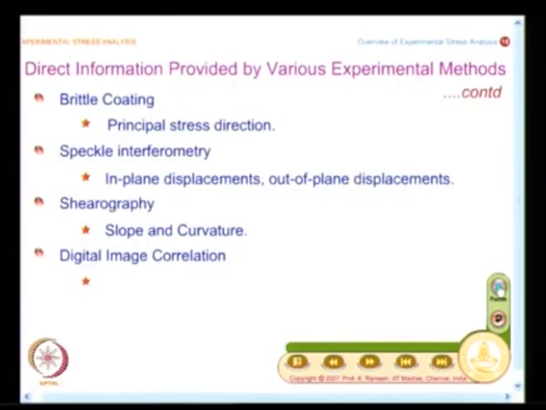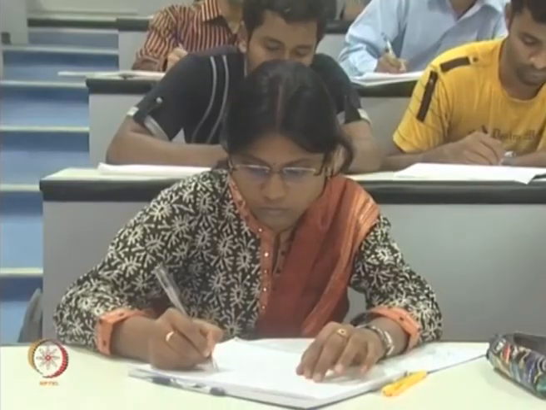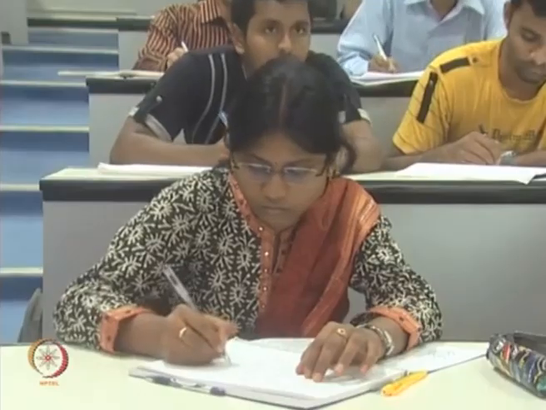Then the next technique you have, which is of very recent origin, about 10 years old, is digital image correlation, and this again gives in plane displacement, out of plane displacements. You may also wonder, I do not have one experimental technique which gives only in plane displacements. I have many experimental techniques to measure in plane displacements.